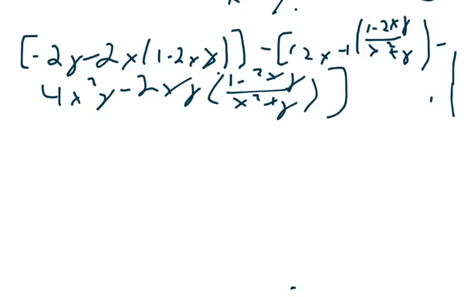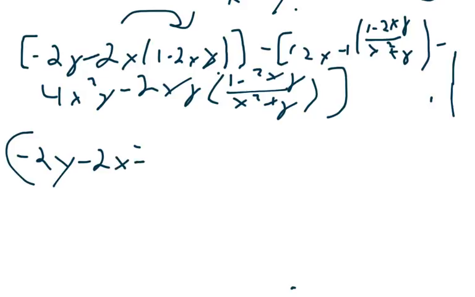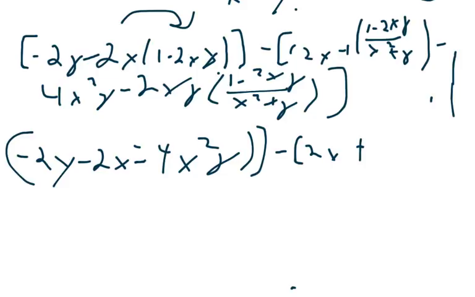To now start off, it would be negative 2y minus 2, and then from here it's FOILed out into this, 2x plus 4x squared y minus 2x plus 1 minus 2xy over x squared plus y.